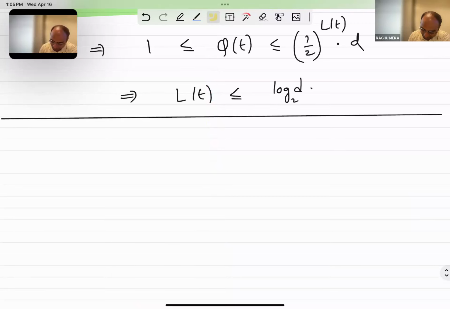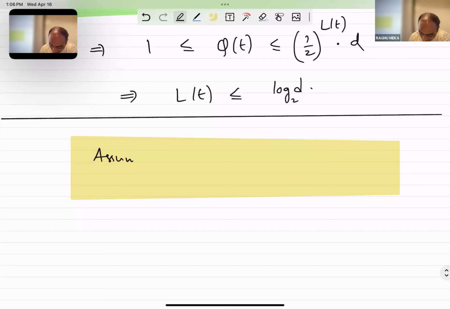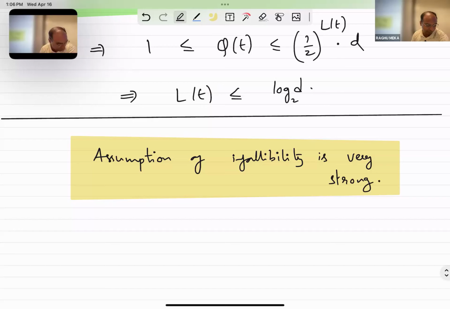But there is an issue, which is that the assumption of infallibility is very strong. Saying that once you make a mistake, you get thrown out is very harsh, right?